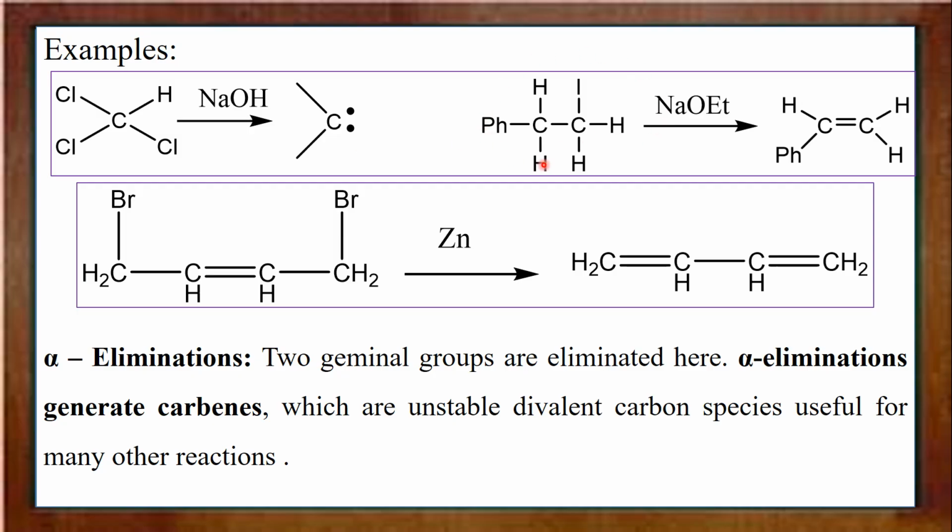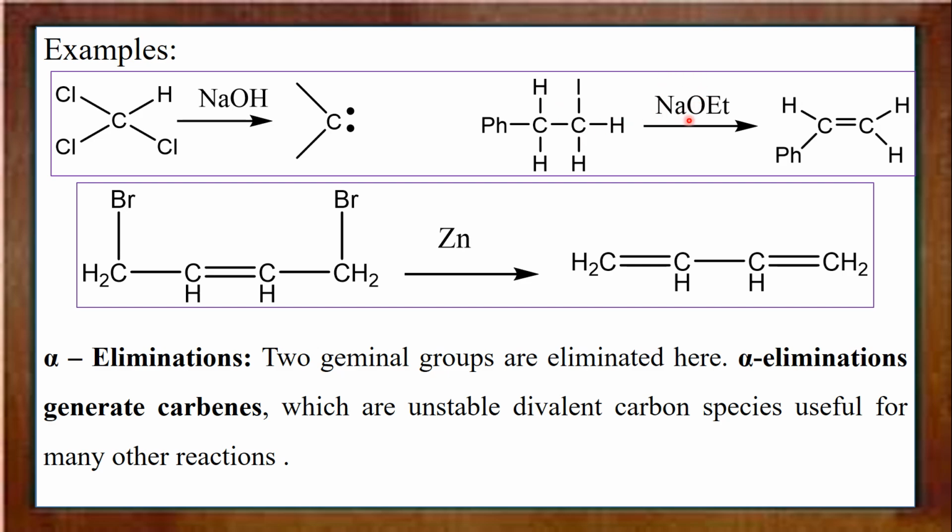And here is an example for 1,2 or alpha, beta elimination, or simply we call it beta elimination. A leaving group halogen is connected to this carbon. This carbon is called alpha carbon, and the next carbon is beta, and the beta carbon has a hydrogen that is called beta hydrogen.